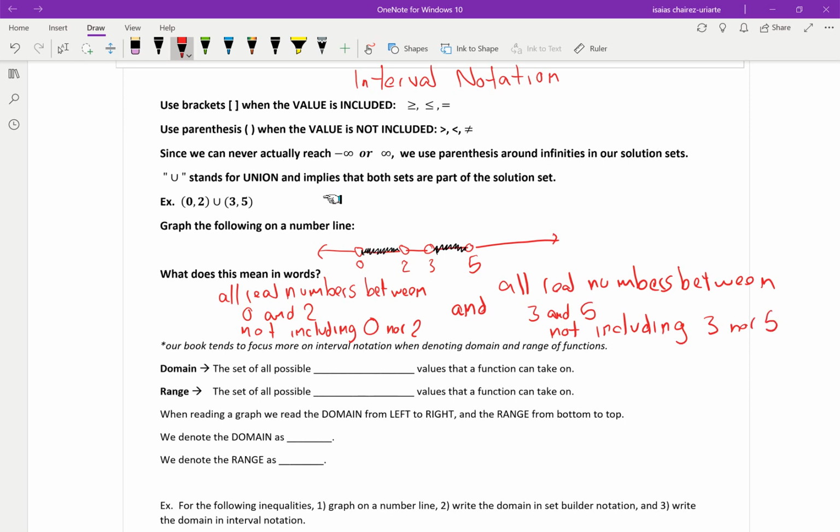I guess that's how you would describe this set in words. That's quite verbose, too many words. That's why interval notation is convenient. It makes this set a little bit more compact.